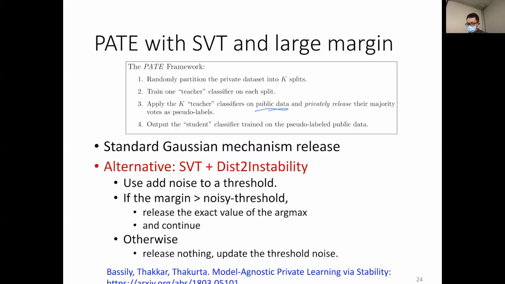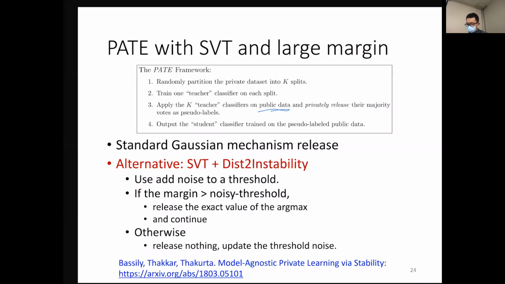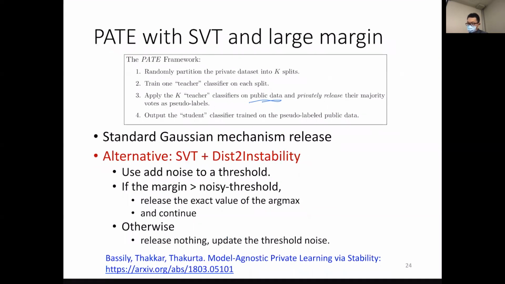A viable alternative is to go data dependent. So instead of using just a Gaussian mechanism to release, you can use this idea, where both components are things that we have already learned. We've learned the sparse vector technique from a long time ago, and it's a sequential composition of the above threshold algorithm. I don't know if you still remember what the sparse vector technique is, but basically you have some threshold, and you want to identify within a sequence of queries which query actually has a value above the threshold.